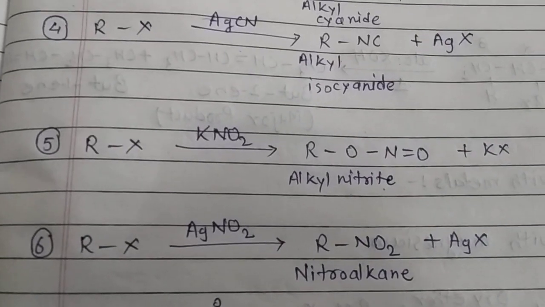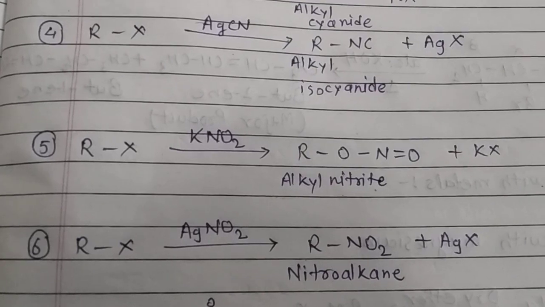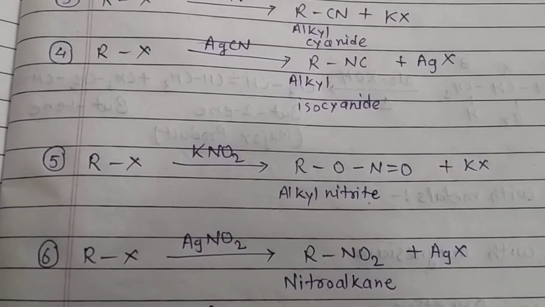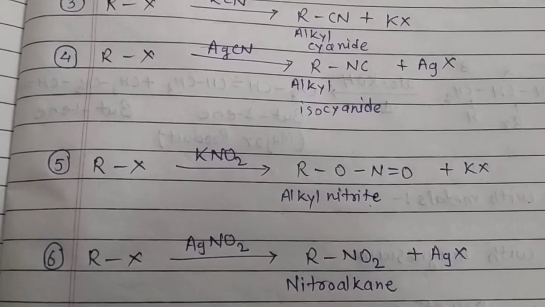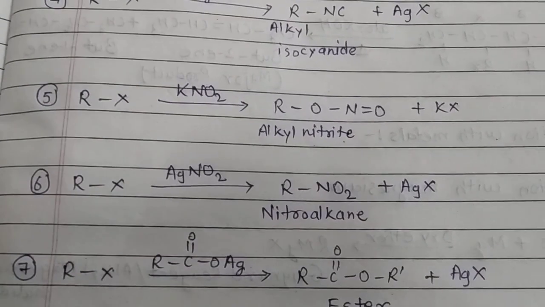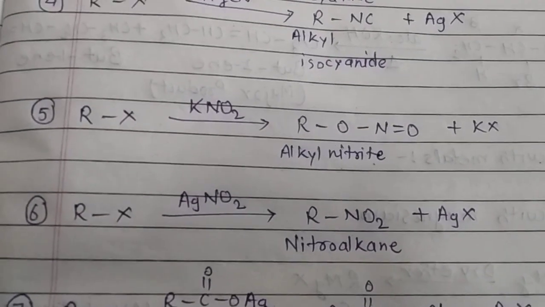Then with KNO2, so again K is positive, so that will go with X. So KX is the byproduct. And R-O-N=O, again this one is ambident nucleophile only, so R will attack the oxygen and we'll get alkyl nitrite as the product.